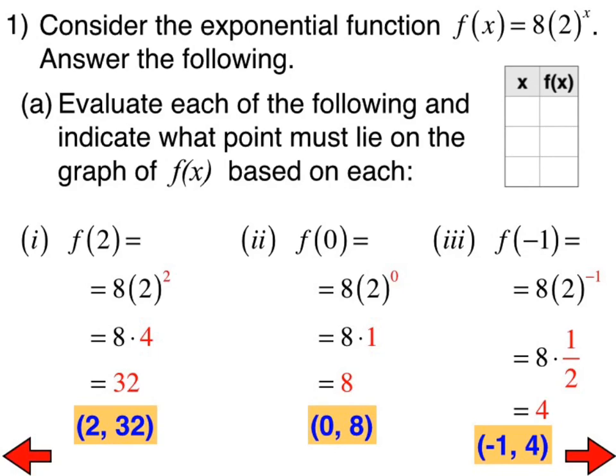And so my values are x. Normally it's x and y, but sometimes we utilize the function notation instead of y, which is what I'm doing here. And so when x was 2, y or f of x is 32. When x was 0, y or f of x is 8. And when x was negative 1, y or f of x is 4.